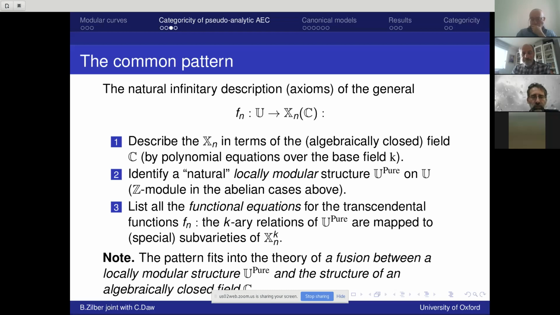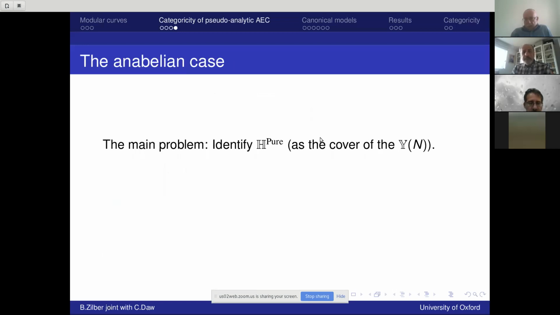Yeah. So this is proved to be quite a general pattern, and that's also telling something. In fact, it is kind of saying that this pure structure here, this locally modular structure, is some sort of invariant of what we see in algebraic geometry here, and this invariant is actually of a topological nature because this is a topological cover, and yeah, topological here is quite important. Right. So I said a few words about this abelian case, this hyperbolic case that we are dealing with here.